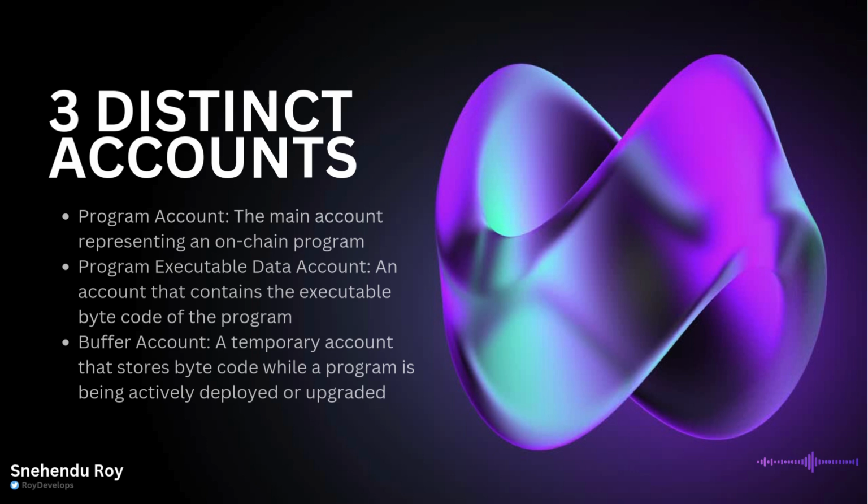The address of the program account is what we commonly refer to as the program ID. This ID is used to invoke the program and execute its instructions within transactions. Let's say when you deploy a smart contract on the Solana blockchain, you have to interact with the IDL file, which is basically a JSON file, to use the smart contract in your front-end applications.